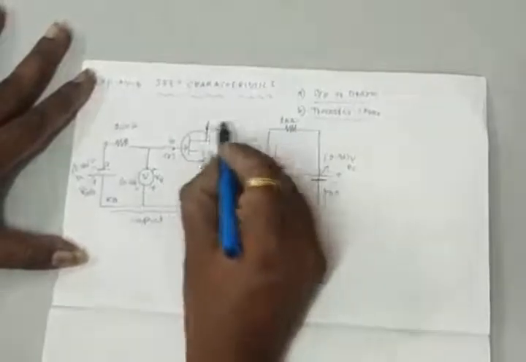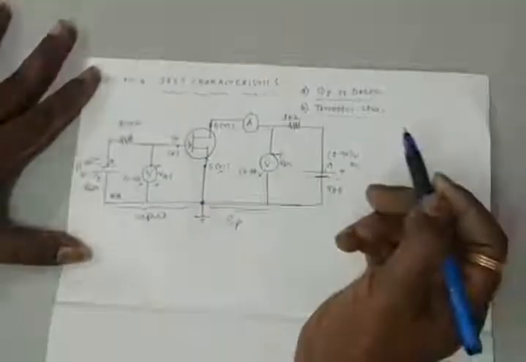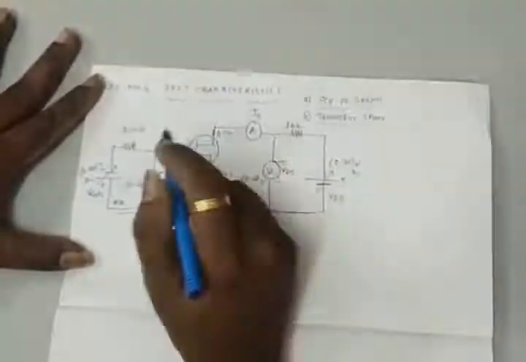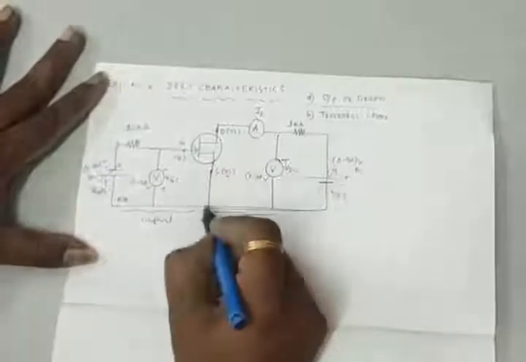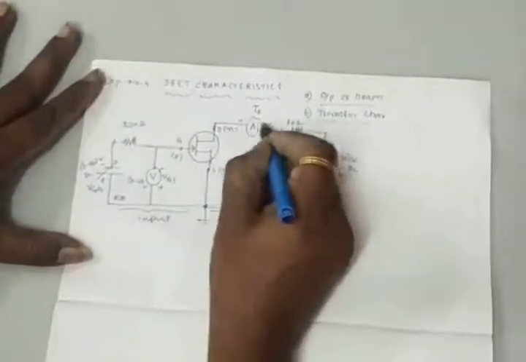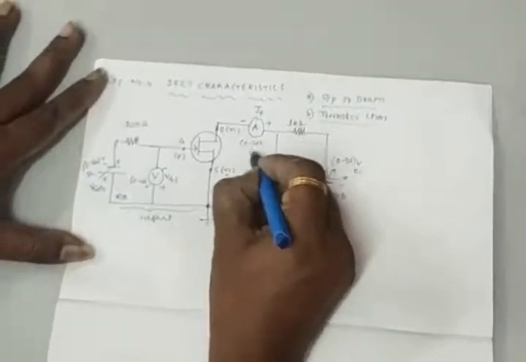The current can be measured by making use of the ammeter. Ammeter is connected to drain, so I call it ID. The current electrons are flowing from source to drain, so negative to positive. And this range is about 0 to 200 milliamps. Units for current is what? Amperes. Yes.